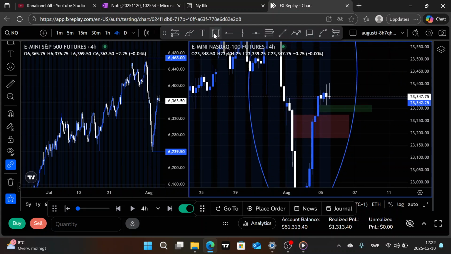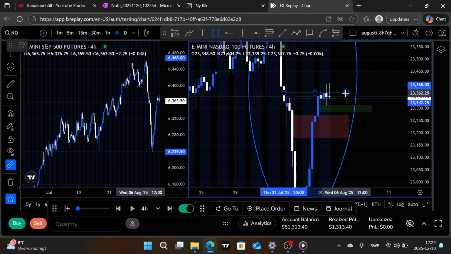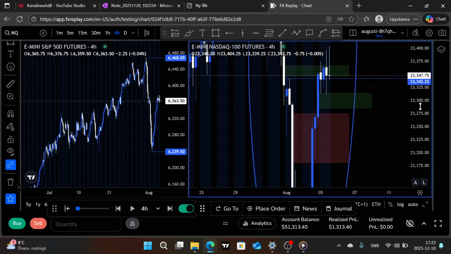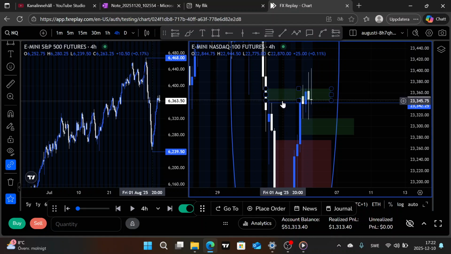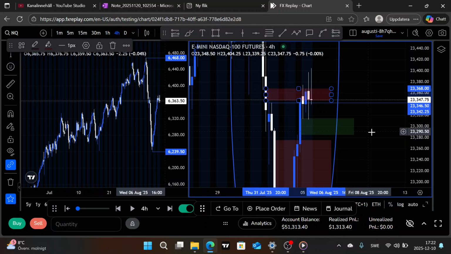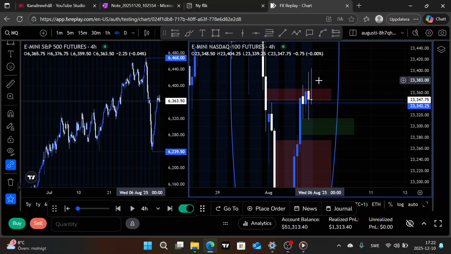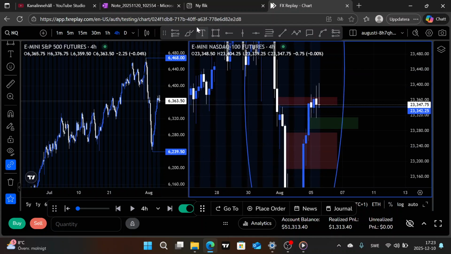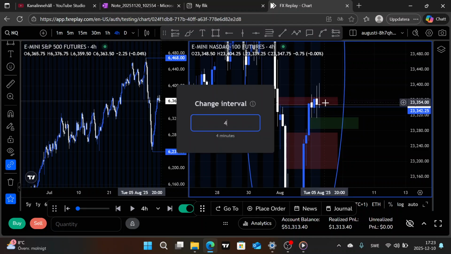So right now we are inside this value gap, at least the bodies, and this is a bearish value gap. So I used to mark it out.